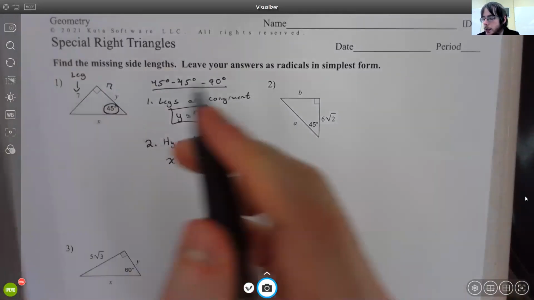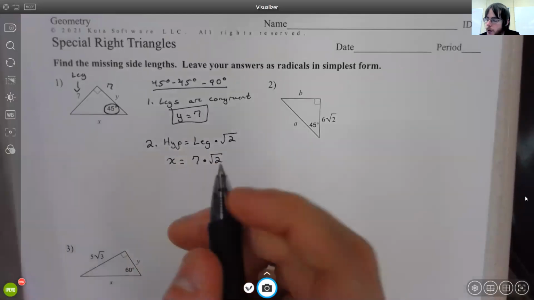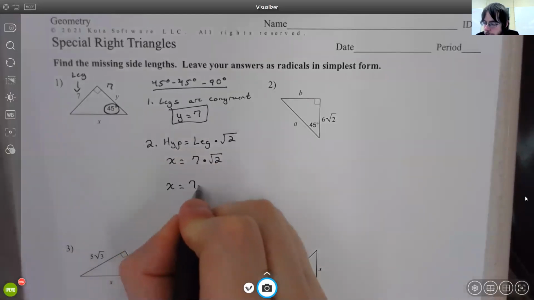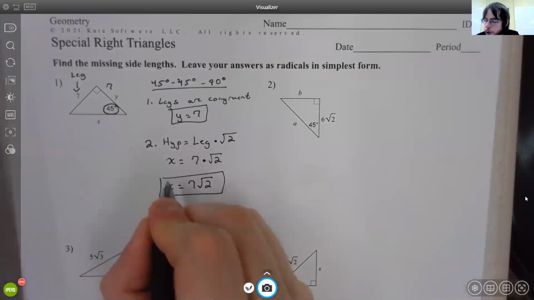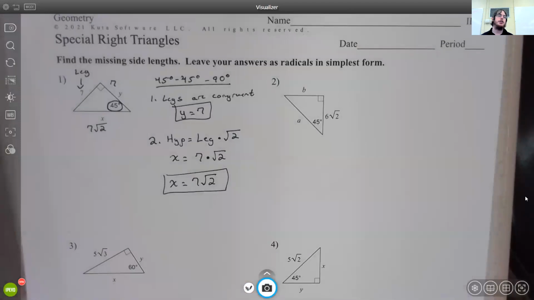The leg is 7 times root 2, so x is just 7 root 2. So that's the basics of a 45, 45, 90 triangle. The legs have to be the same, and the hypotenuse is the leg length times root 2.